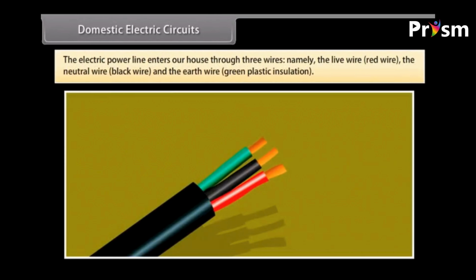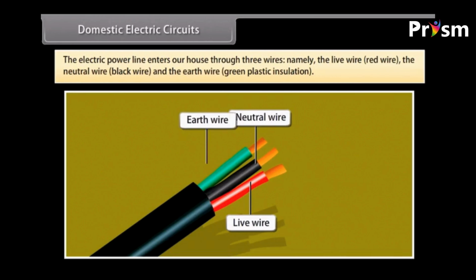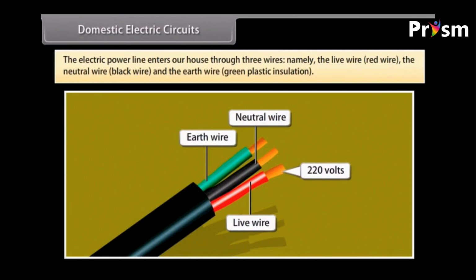The electric power line enters our house through three wires, namely the live wire (red), the neutral wire (black), and the earth wire (green plastic insulation). The live wire has a high potential of 220 volts and the neutral wire has zero potential. Thus, the potential difference between the live wire and the neutral wire is 220 minus 0, which equals 220 volts.